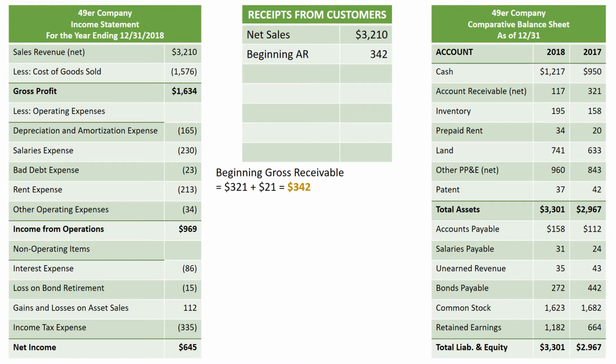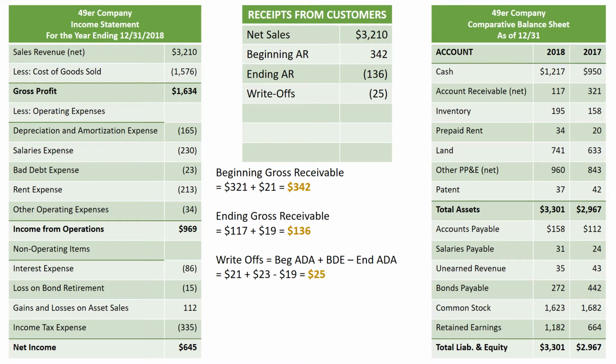And so that's why that is an increase, because it's a cash flow related to receipts from customers that is not captured in net sales. You also are going to have ending gross receivables, and so our balance is 117, and we are told that the allowance for doubtful accounts was 19, and so the gross amount of receivables was 136. Again, these would have been amounts that are recorded as part of sales revenue but have not yet been collected. And so we have to subtract them from the net sales number in order to get the cash flow that we received from our customers.